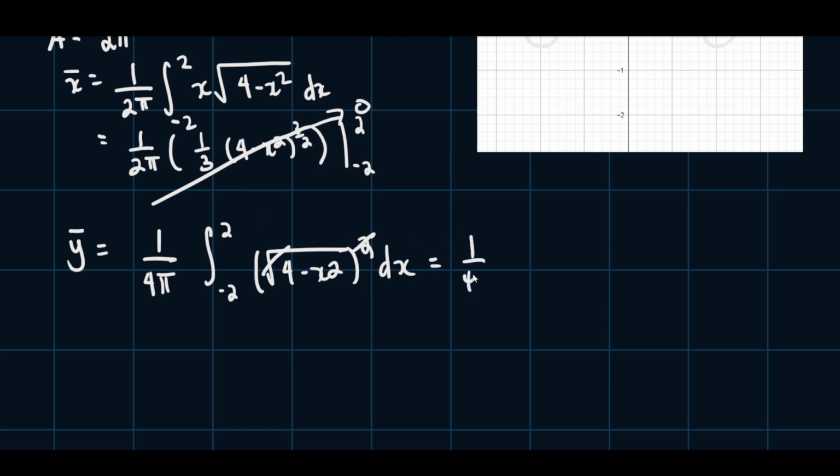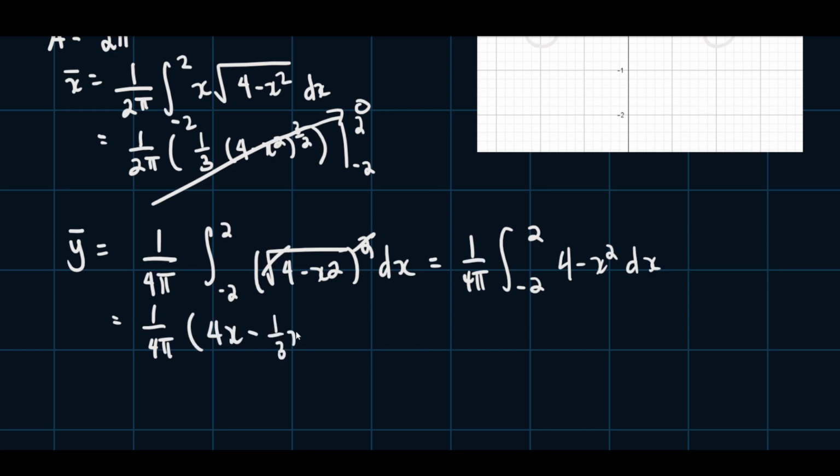So 1 over 4 pi, definite integral from negative 2 to 2 of 4 minus x squared dx. From here, we can just apply the power rule. So 1 over 4 pi for x minus 1/3 x cubed evaluated from negative 2 to 2.